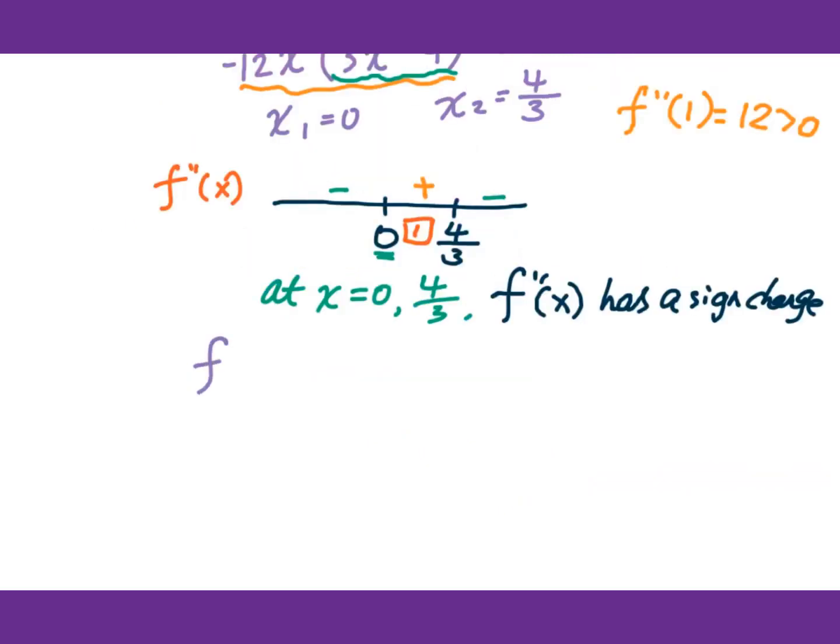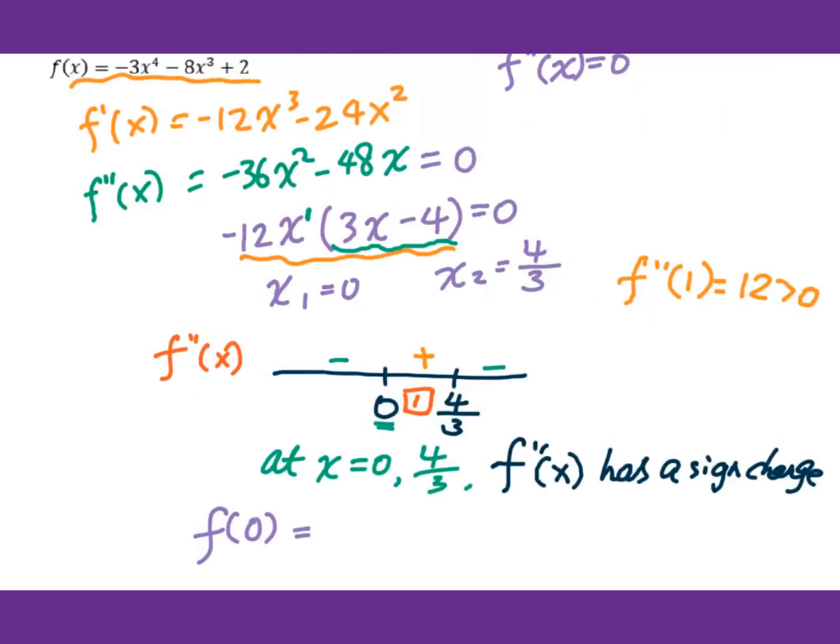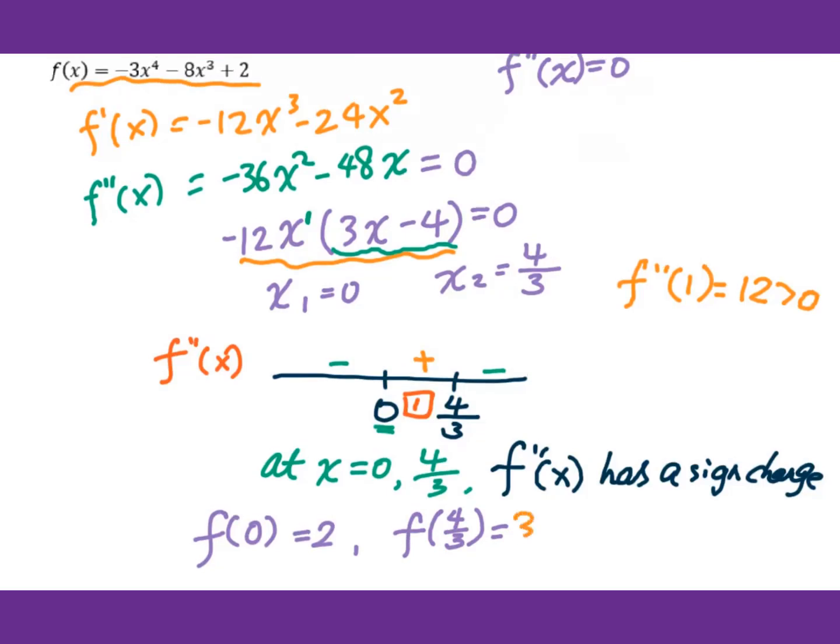Now we can figure out f of 0 by plugging into the original function. You get f of 0 equals 2. And f of 4 over 3 equals negative 3 times 4 over 3 to the fourth power minus 8 times 4 over 3 to the third power plus 2.